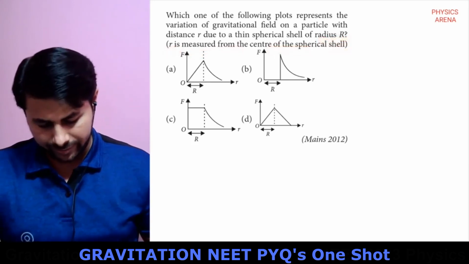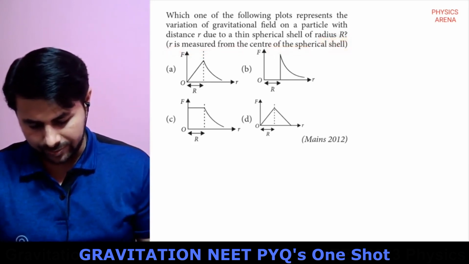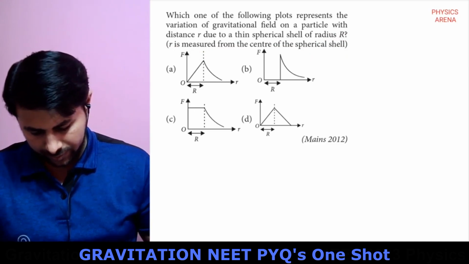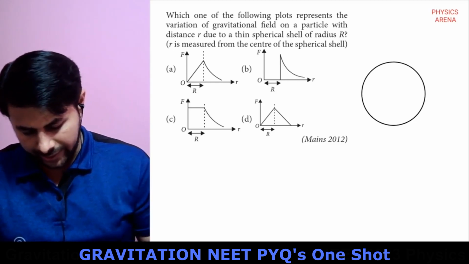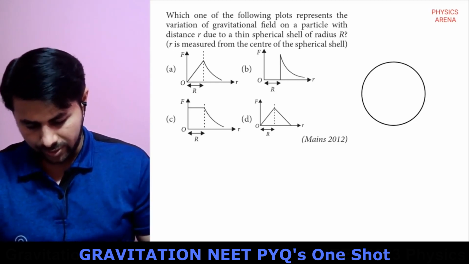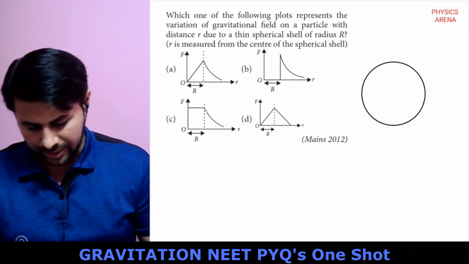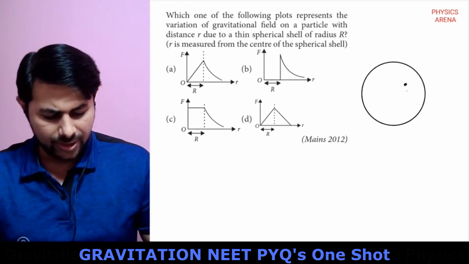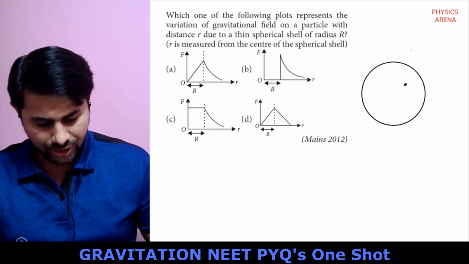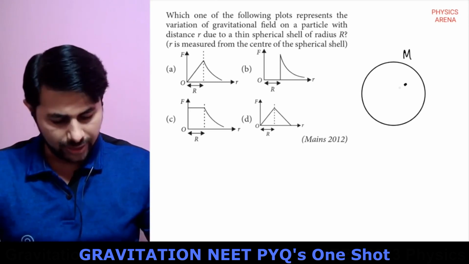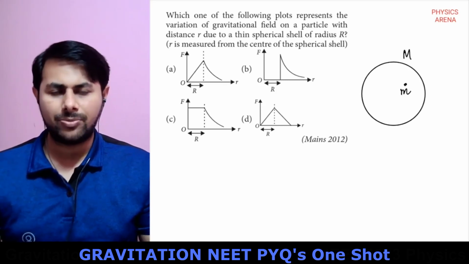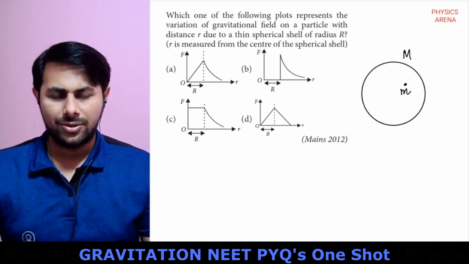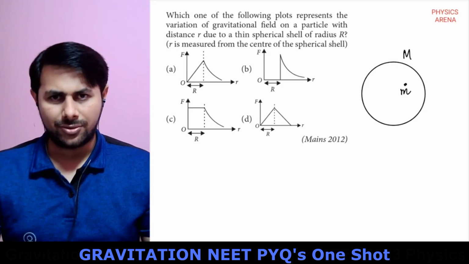So we know this. For a spherical shell, if you keep a mass inside the shell, what is the gravitational field? It is gravitational force per unit mass. Let's suppose the mass of the shell is capital M. If you keep another mass inside the shell, what will be the gravitational force on that mass due to the shell? It's zero.